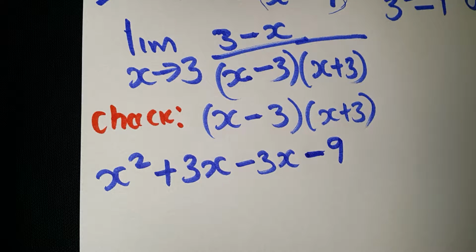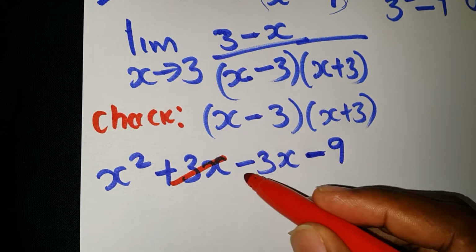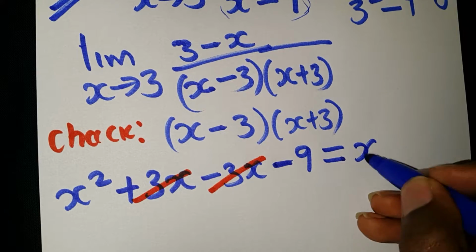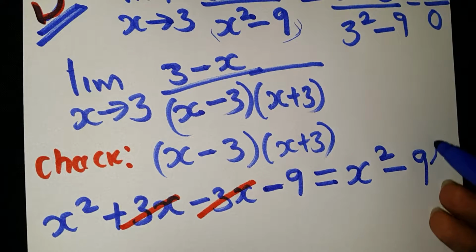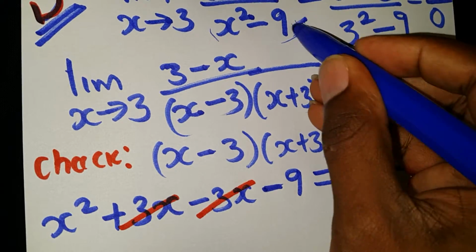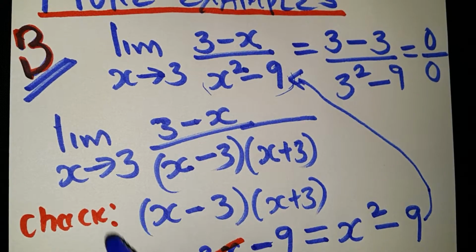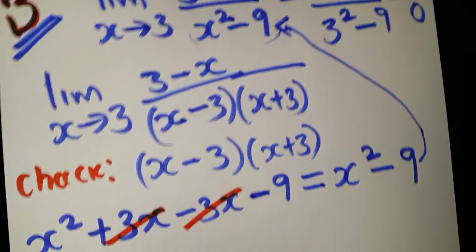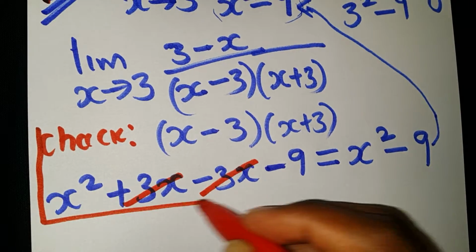So plus 3x and minus 3x will cancel, and we find that our final answer will be x squared minus 9. As you can see, we have the same thing here. So that means this expansion is correct for this function. Now we can proceed to the next step.